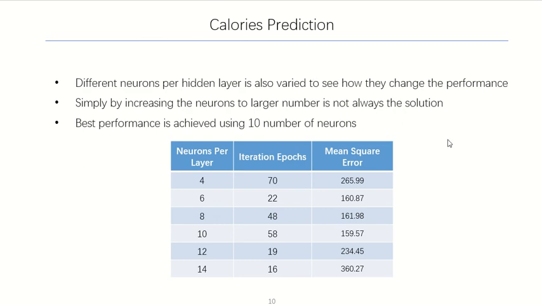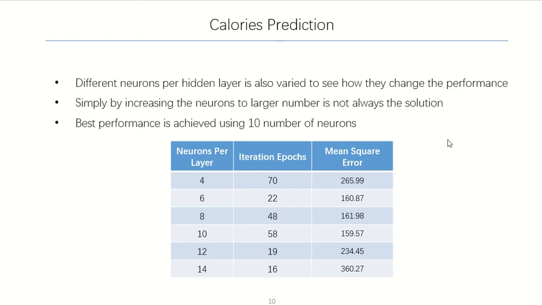For the calories prediction, I used different numbers of neurons per hidden layer to vary the value and see how they change the performance of the model. Simply increasing the neurons to an even larger number is not always a solution.